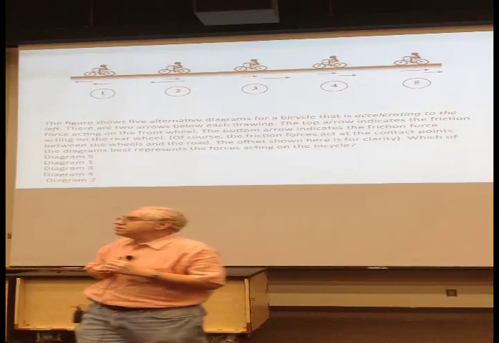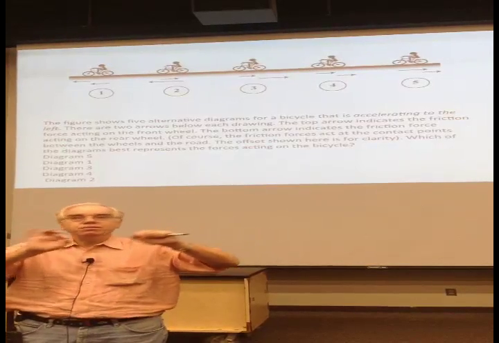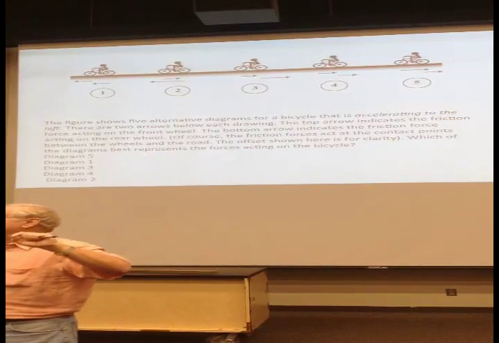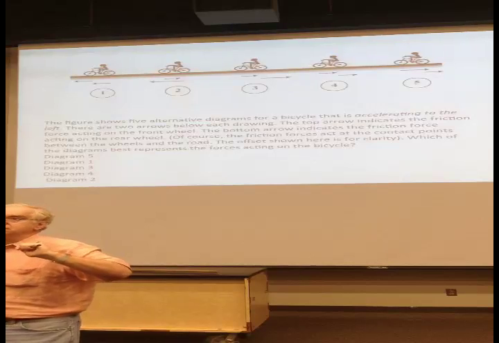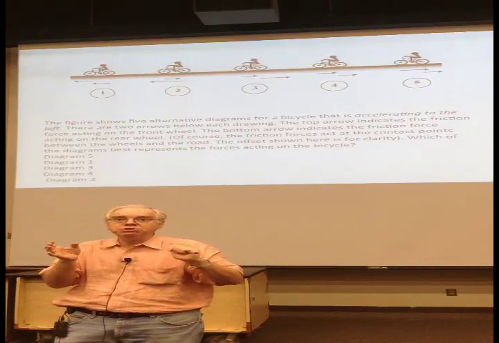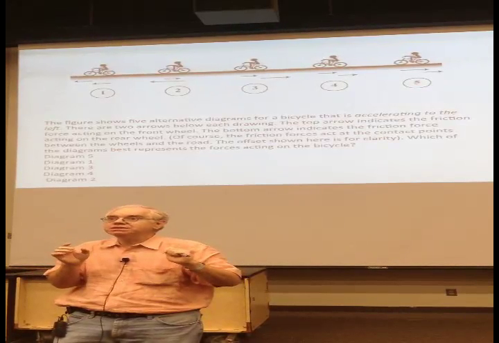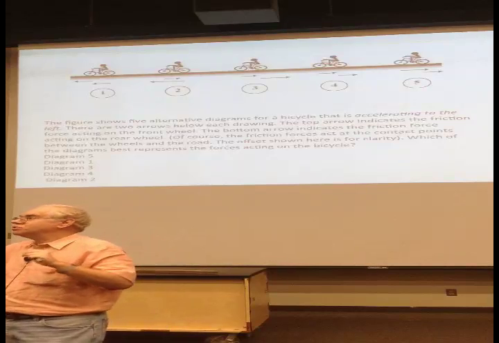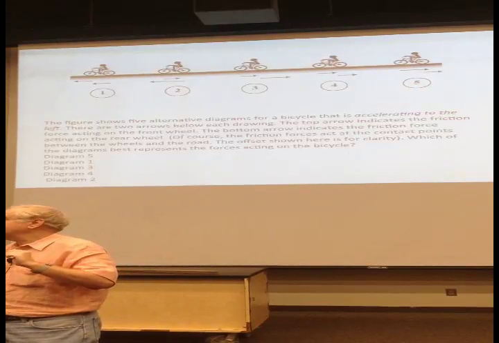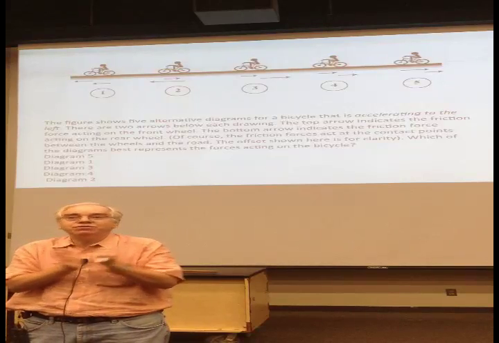The problem is that when the object has moving parts, different parts may be moving in different directions. Friction opposes the motion, but you need to be careful because friction will not oppose the overall motion necessarily. Friction will oppose the motion wherever the friction is applied.